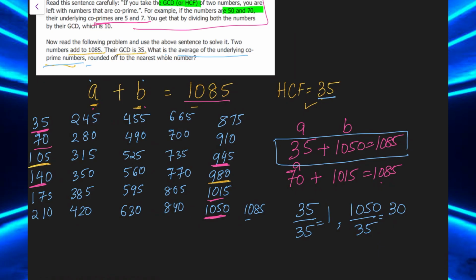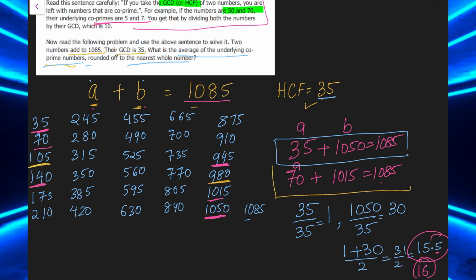Now we are finding the average, so we add 1 plus 30 and divide by 2. 31 divided by 2 is 15.5, and because we have to round off to the nearest whole number, because it has a 0.5, it will round up, so the answer is 16.